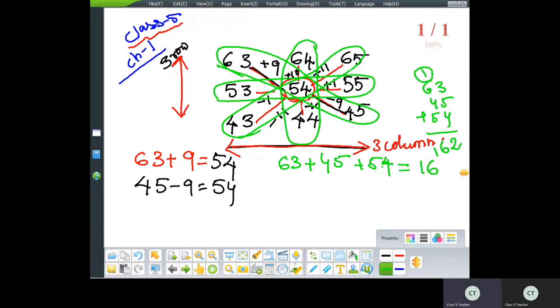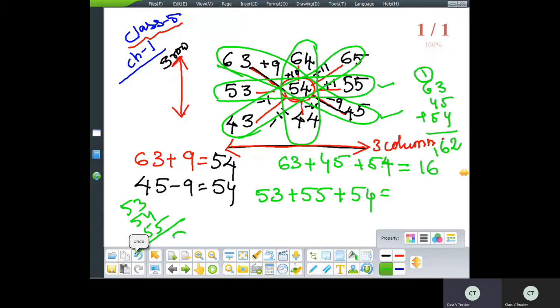So now 63 plus 45 plus 54, this one. Okay, so now 53 plus 54 plus 55. Let me add it and check it. 53, 54, 55.